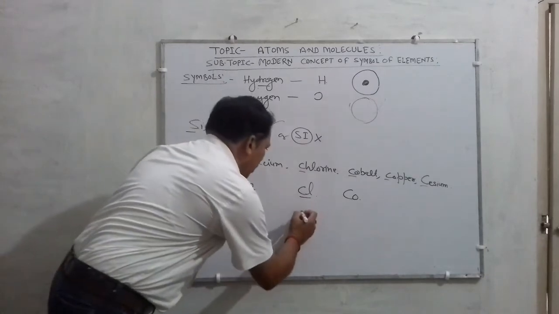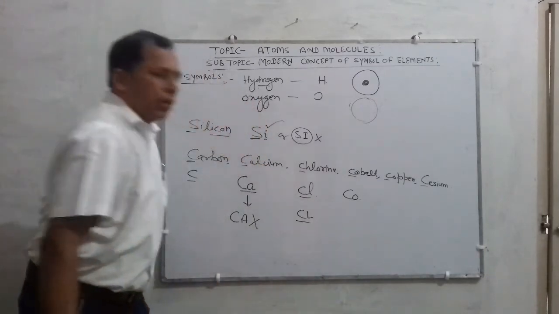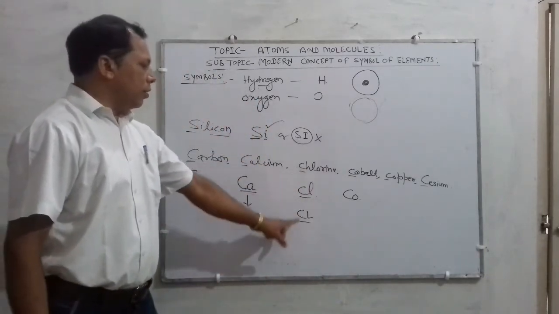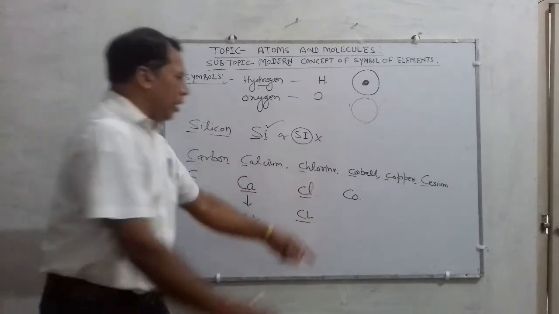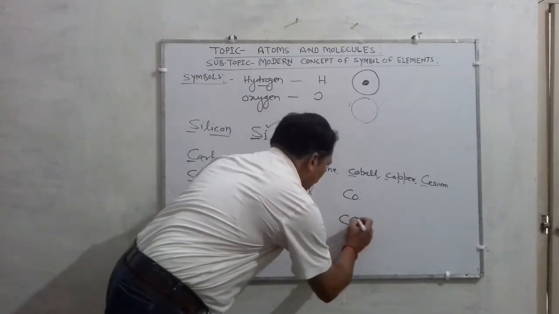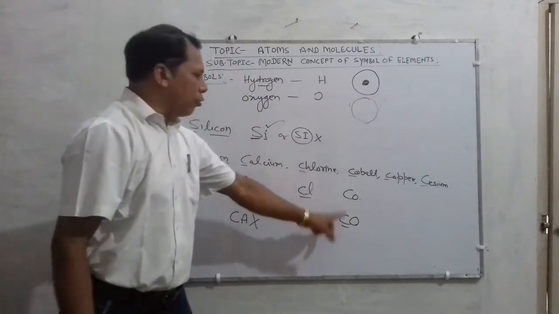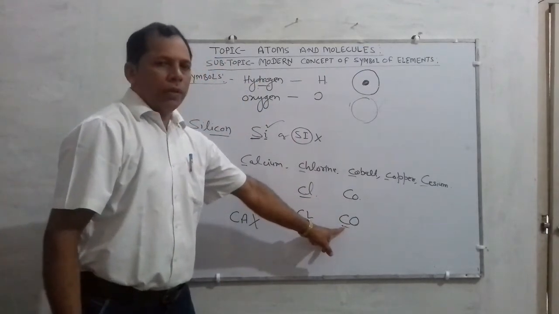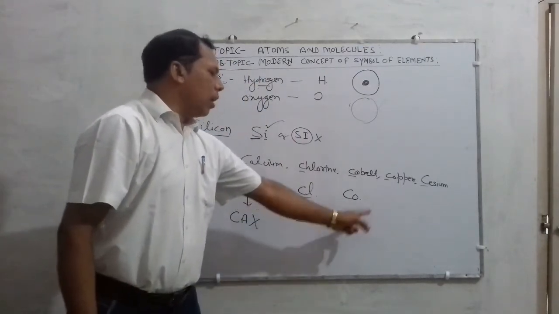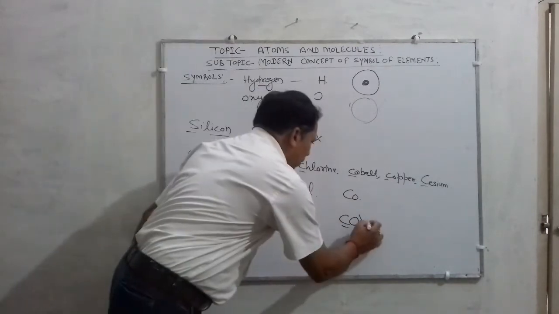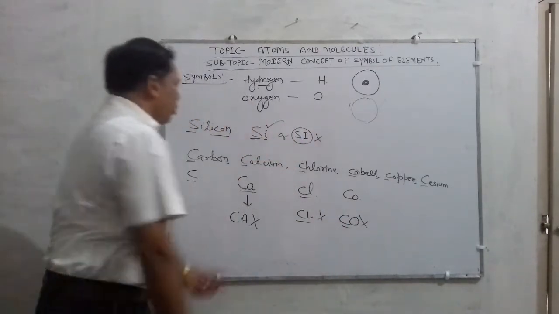Similarly, if you write CL, this does not represent the symbol of element chlorine. Similarly, if you write CO with a capital O, this will not show cobalt. This will show a compound, carbon monoxide. So such symbols are not used.